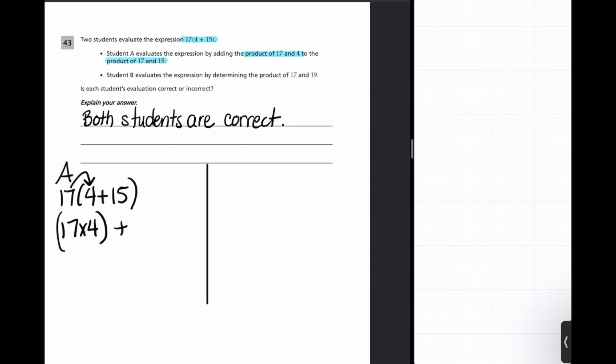So here's student A. He does 17 times 4 plus 17 times 15. So he distributed.